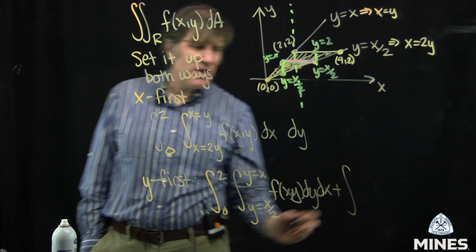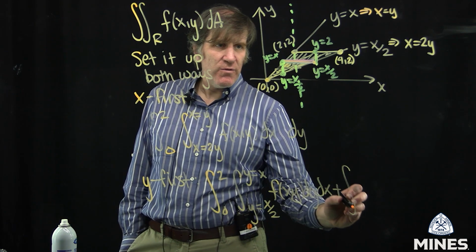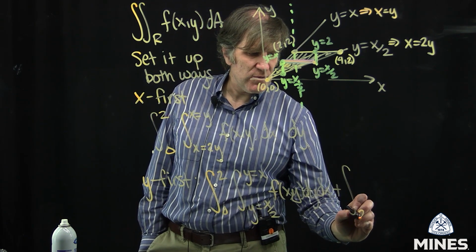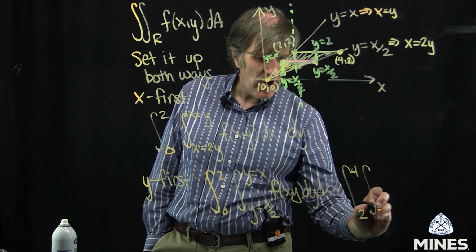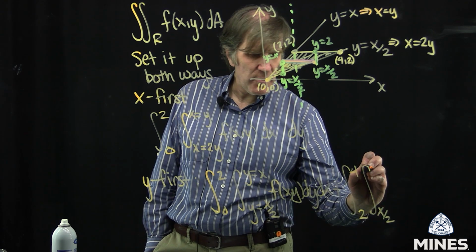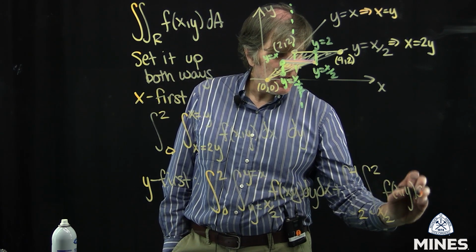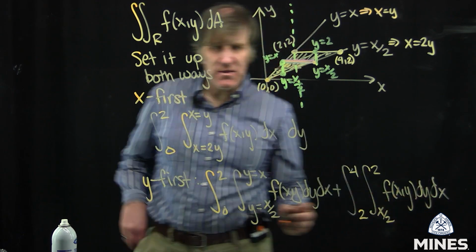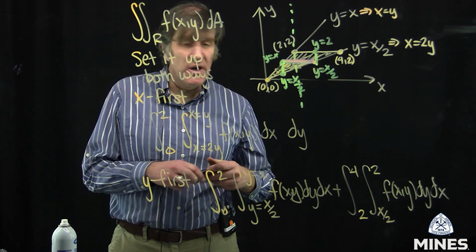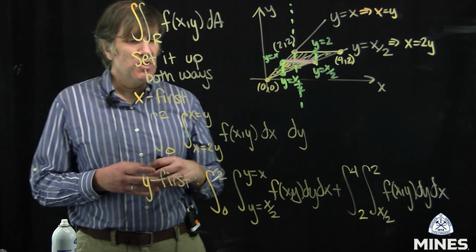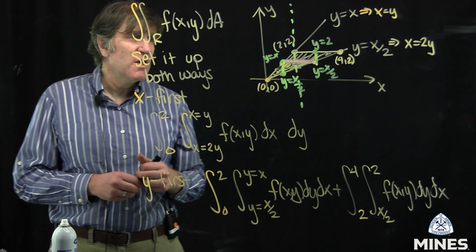And then we need another double integral for the rest of it, from x going from 2 to 4. y goes from x over 2 up to 2 of f of x y dy dx. So it really requires two double integrals to do it if we want to do it y first.